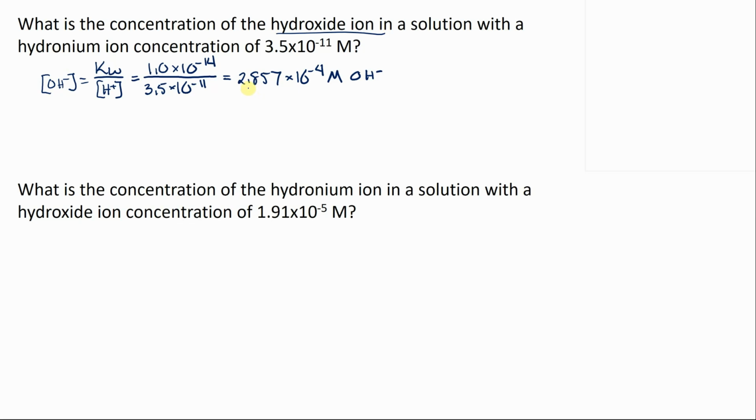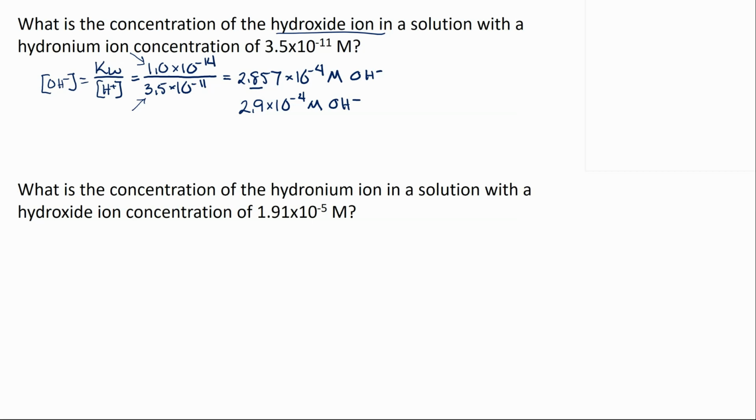Now, this concentration should have two significant figures. Remember, the Kw has two significant figures, and in this case, our other concentration has two also. So rounded to two significant figures, this should be 2.9 times 10 to the negative 4 molar hydroxide. And that's it. Pretty straightforward.